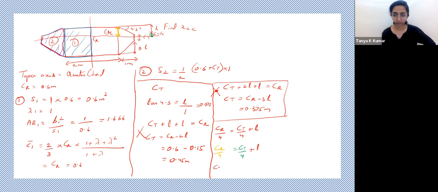CT by 4 is CR by 4 minus L, which gives you CT. CR was 0.6 divided by 4, minus L was 0.075 into 4.